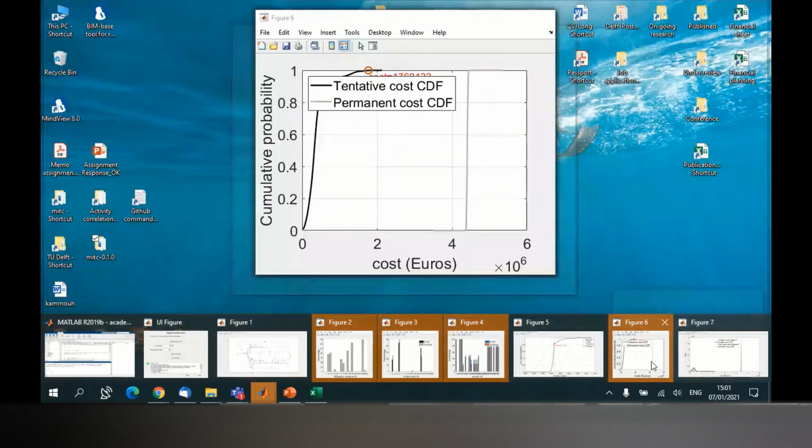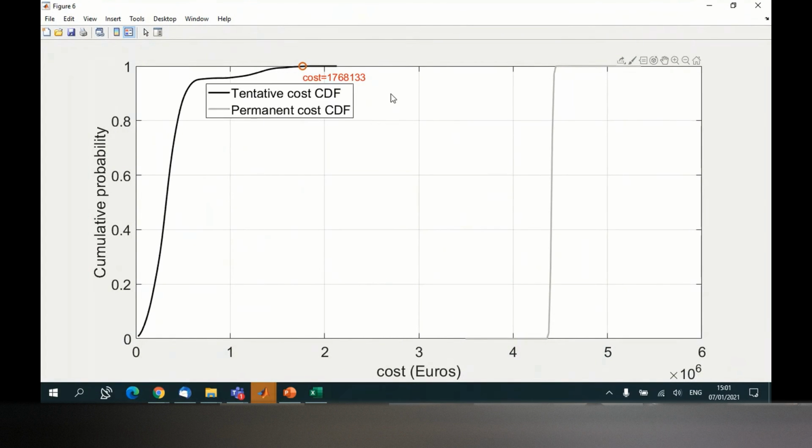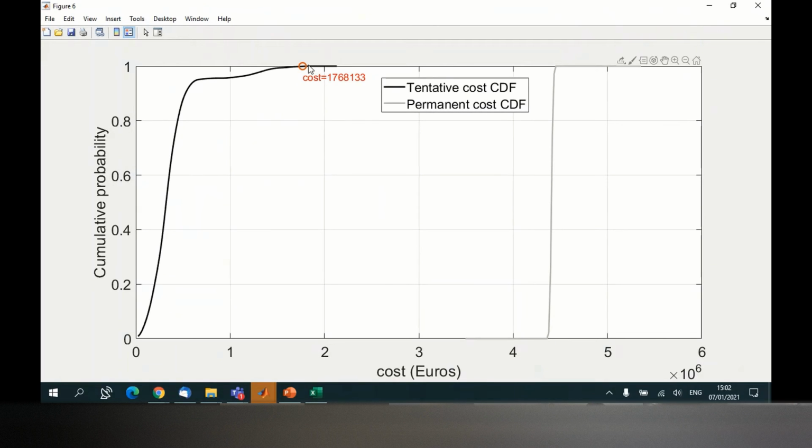with it. This is just the same thing, but it's a cumulative curve. So instead of distribution, you have a cumulative curve. This cumulative curve gives us the information that the maximum cost, this point here, when you reach 1, it means the maximum cost that you would pay using the mitigation controller is this much, 1,700,000, while the maximum cost you would pay when implementing all the mitigations is 4,400,000.